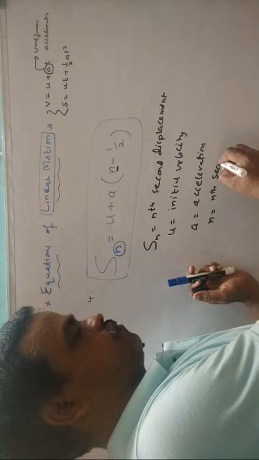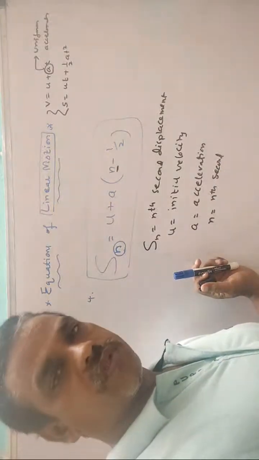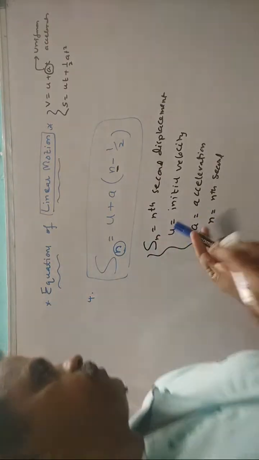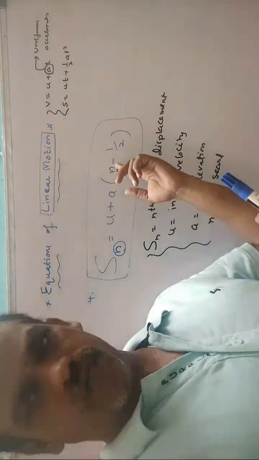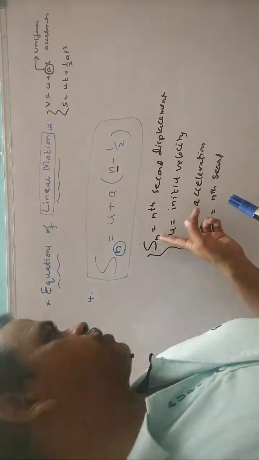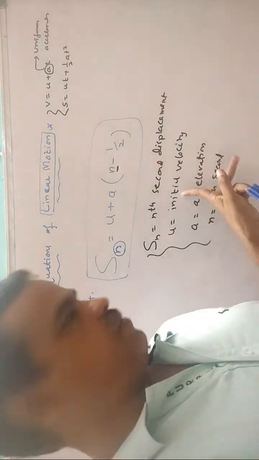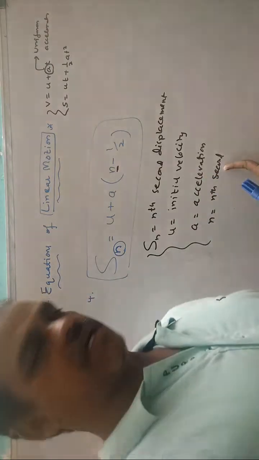See, first second, second, third second, fourth second, like that, nth second. So these are the variables in this equation: Sn is the nth second displacement, u is the initial velocity, a is the acceleration, and n is the nth second.